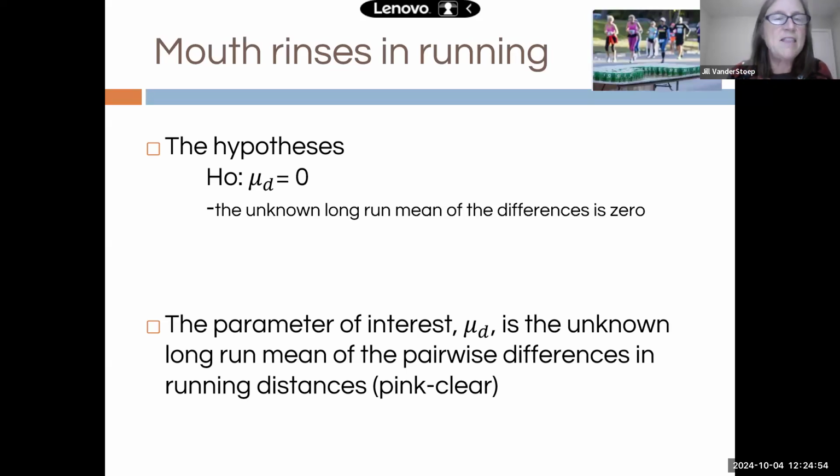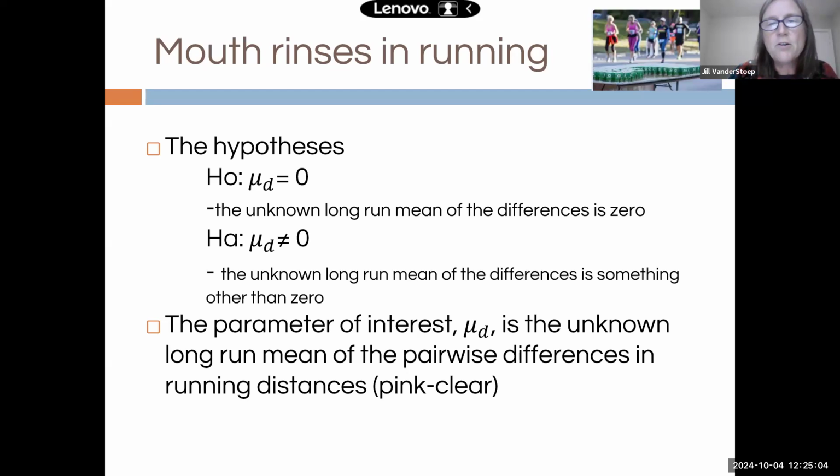In words, we say the unknown long-run mean of the differences is zero. And I'm just looking for a difference here between the pink and the clear solution. So the unknown long-run mean of the differences is something other than zero. It's our alternative. And just a reminder, we're taking it as distance run using the pink rinse solution minus distance run using the clear rinse solution.